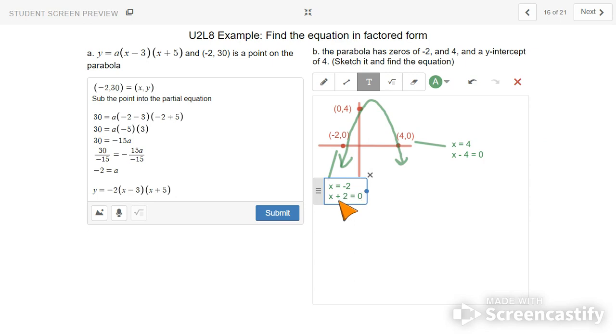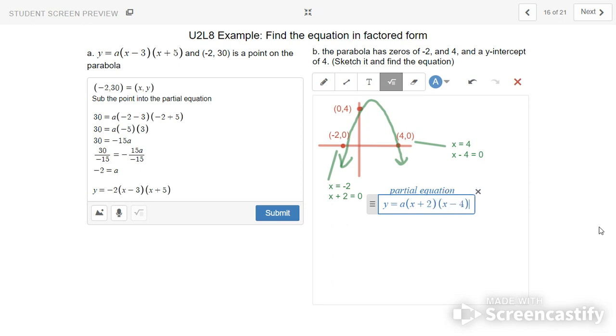The (0, 4) is going to be the other point that I use to substitute into my equation. So let's write the partial equation now. y is equal to a times (x plus 2)(x minus 4).